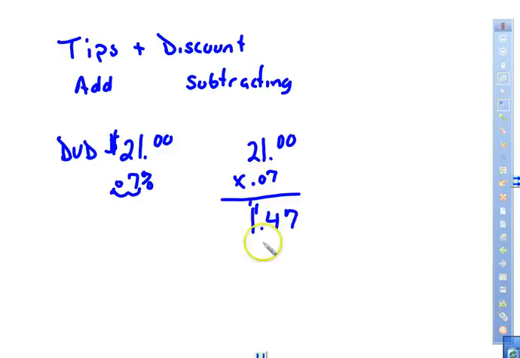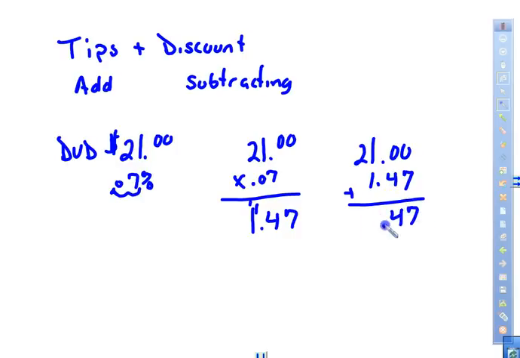But remember, this is added on to what we already have. So $21 plus my $1.47, lining decimals up, you get $22.47.